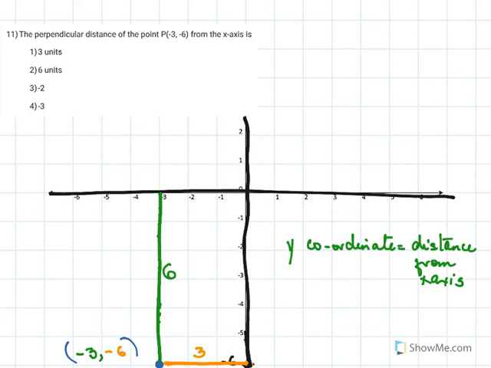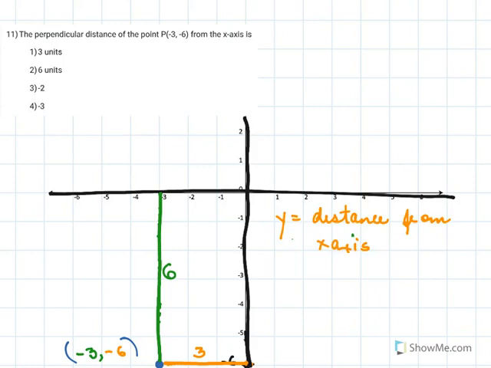So the y-coordinate gives the distance from the x-axis, and the x-coordinate gives distance from the y-axis.